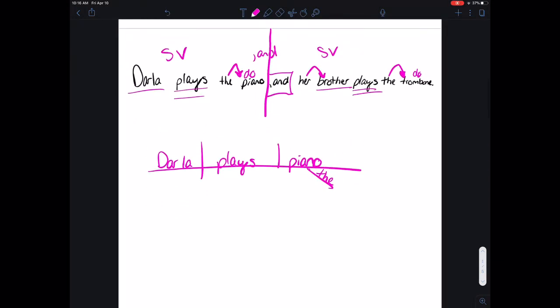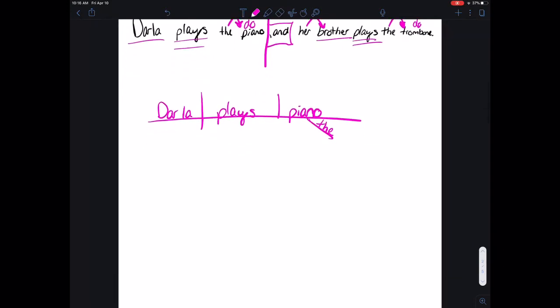Now I'm going to look at the second part after the conjunction. Draw my horizontal line. Brother was my subject. Plays was my verb. Trombone was my direct object. The modifies trombone. Her modifies brother.